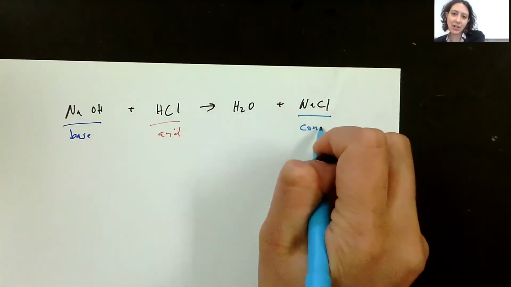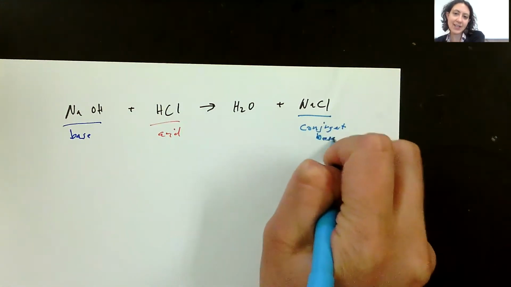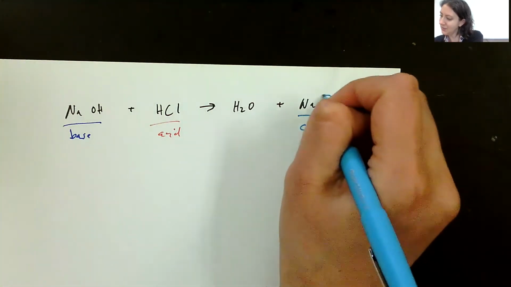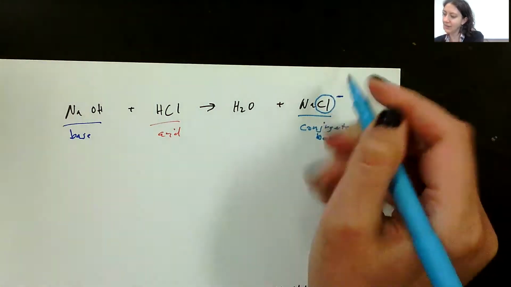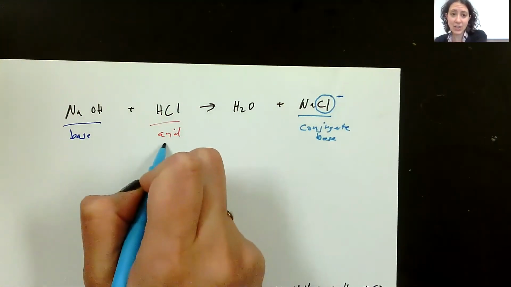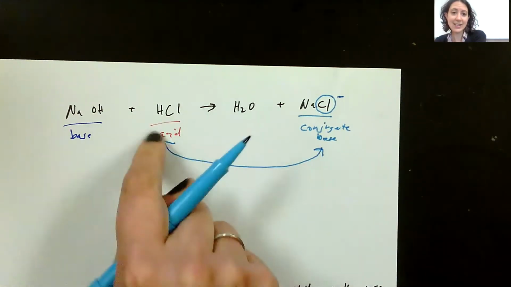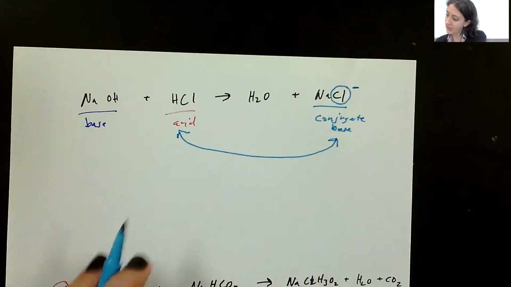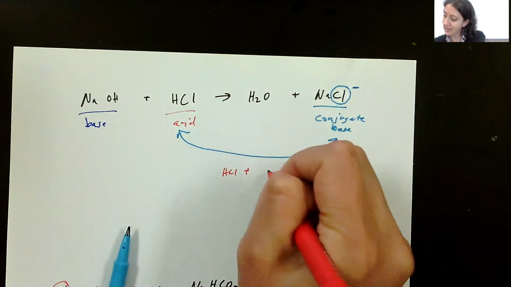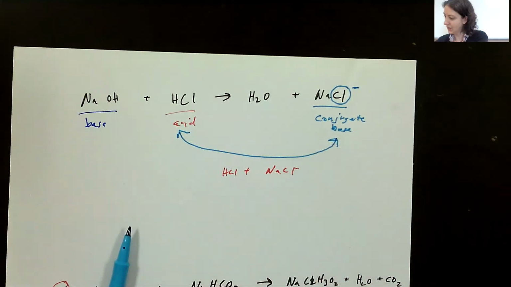This is the conjugate base because it's really the Cl negative. Because it has a negative, it could take on a hydrogen, so it could be like a base. So these are a pair. We call this the acid conjugate base pair. In this case, it's HCl and NaCl, the acid and its conjugate base.